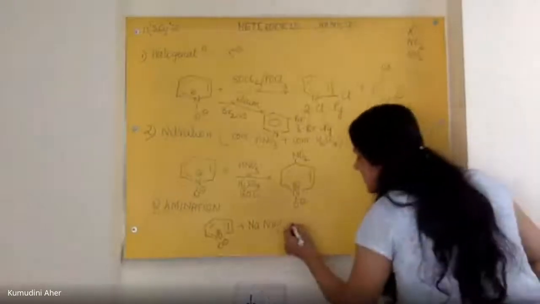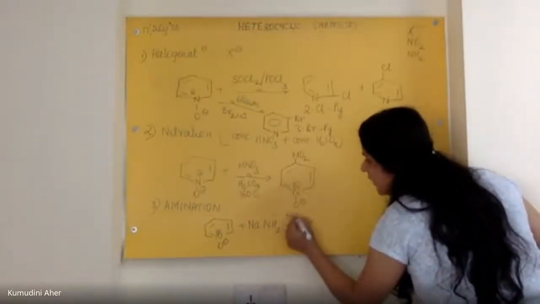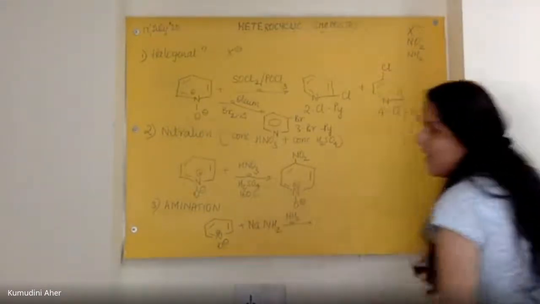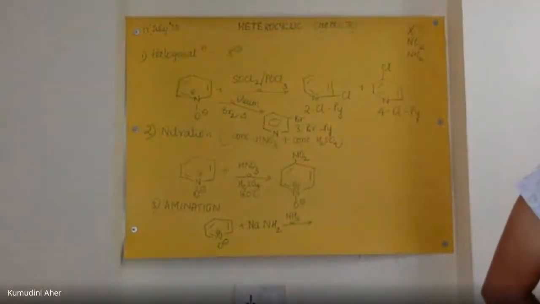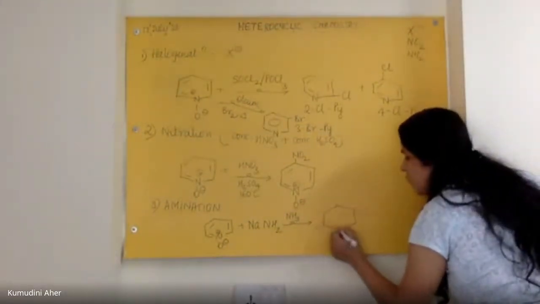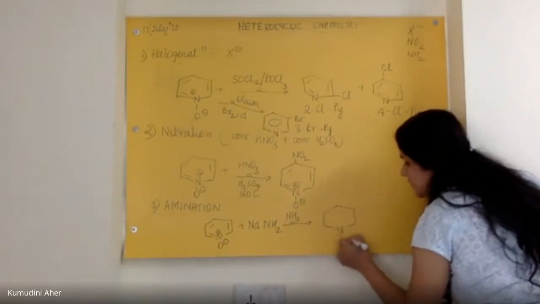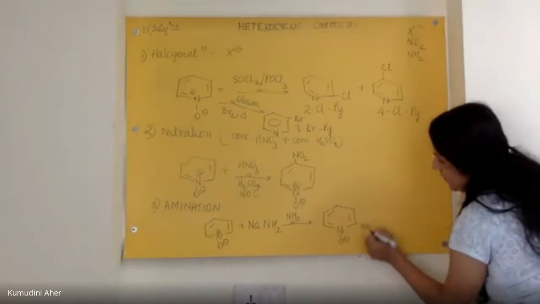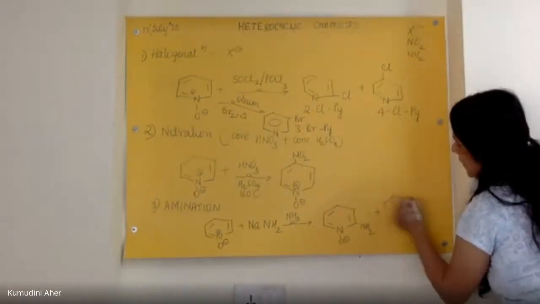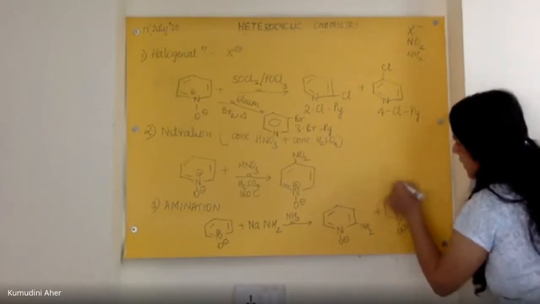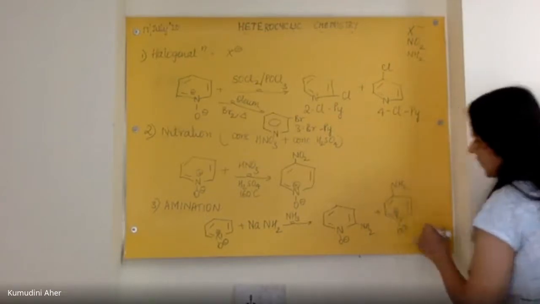Now, this takes place in solvent ammonia. What I am going to add is an amino group, because the reaction is amination. So positions 2 and 4 are used for this. One will be over here and the other will be over here at the 4th position. So your amino group is over here.